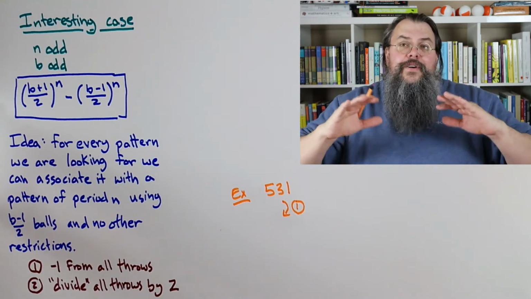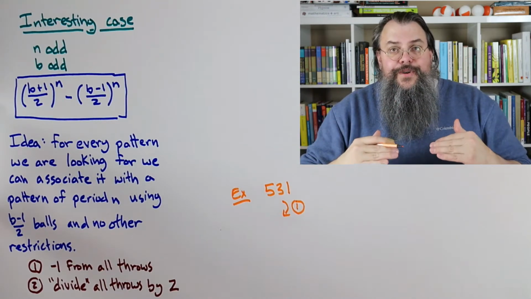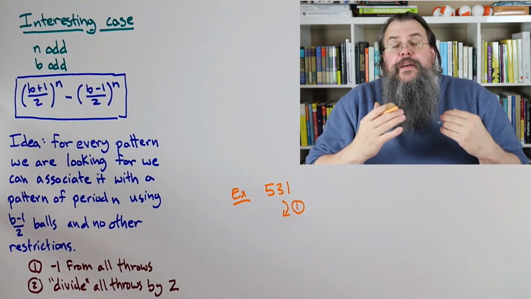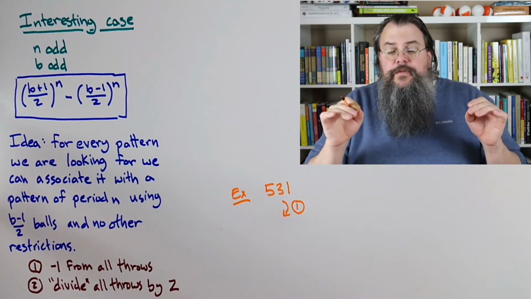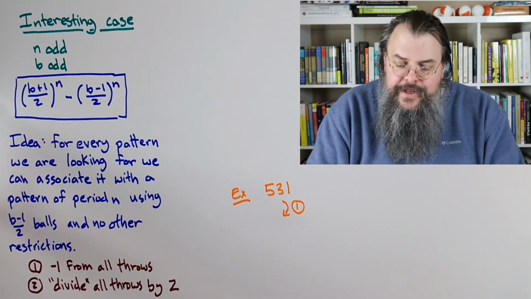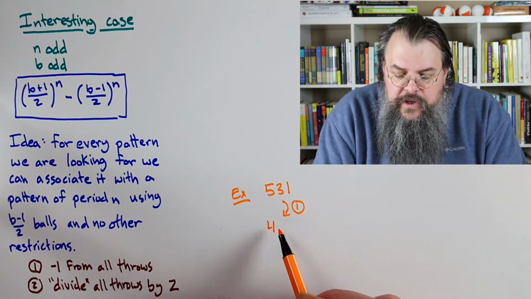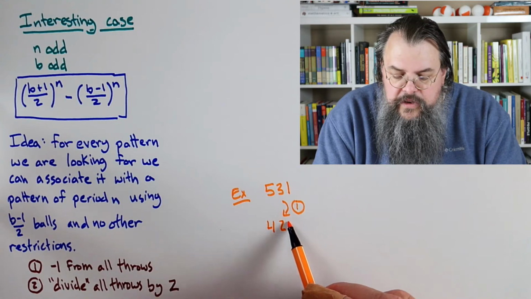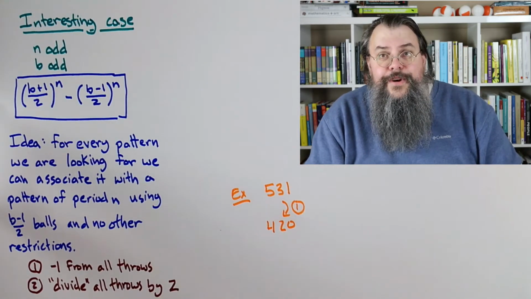And because I'm doing it to each throw, it's going to maintain being a pattern. I can always add 1 to all the throws or subtract 1 from all the throws, and I'm good to go. So in this case, we get down to 4, 2, and 0. All right, now we have a pattern 4, 2, 0.